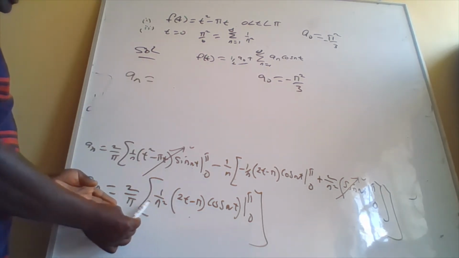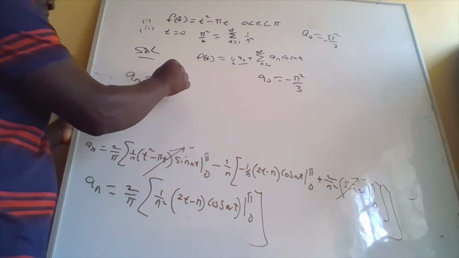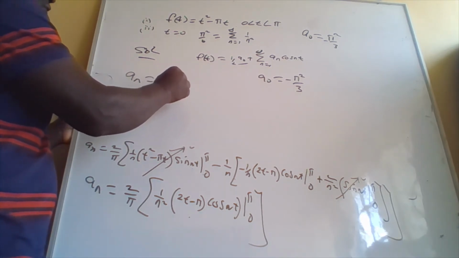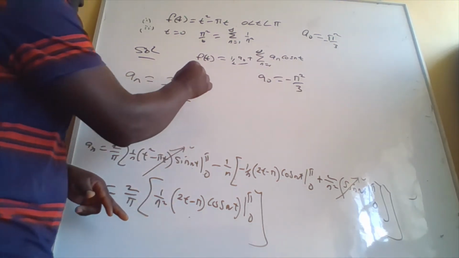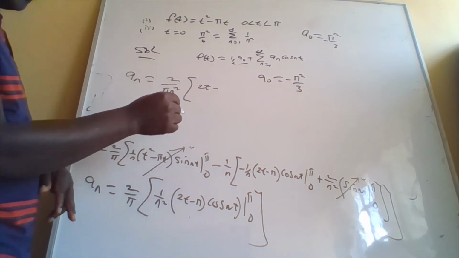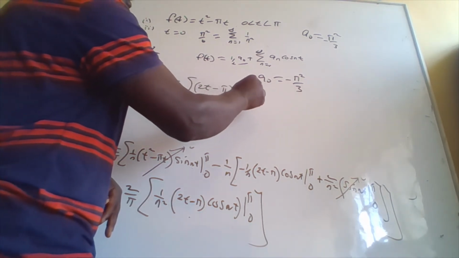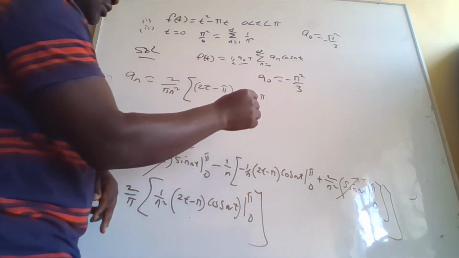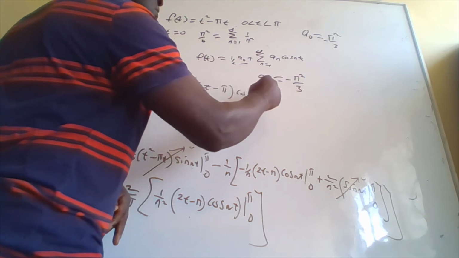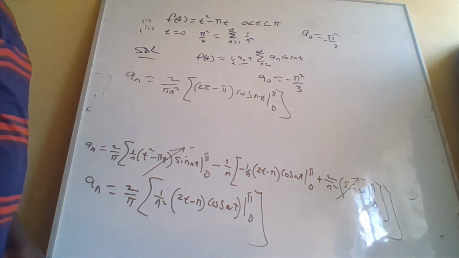Can take 1 over n squared outside, 2t minus pi cos nt, like that.